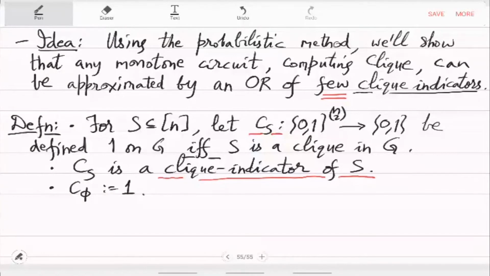So conventionally we can set C phi to 1, and for all the other non-empty subsets, check whether there is a clique on the vertices defined by the subset S. So what is immediate from this is that the clique function is an OR of clique indicators over all the subsets of size k.